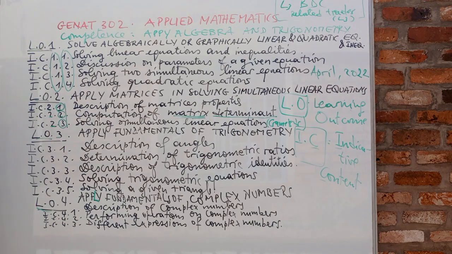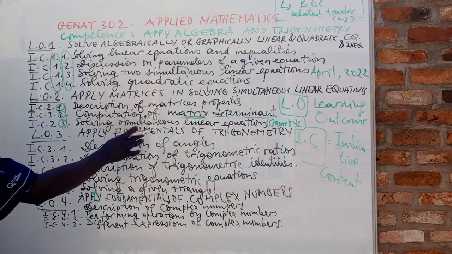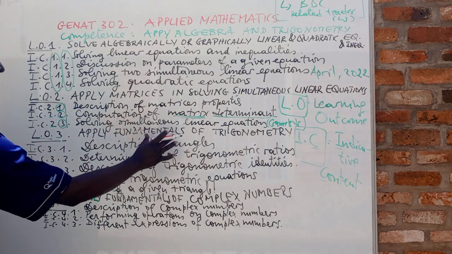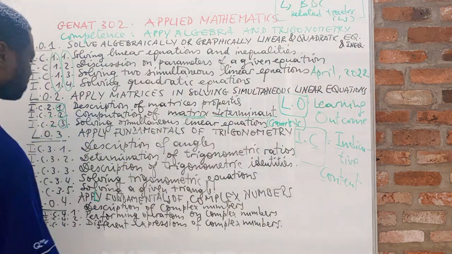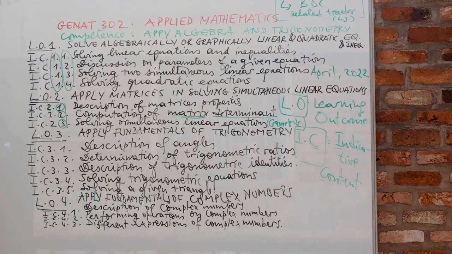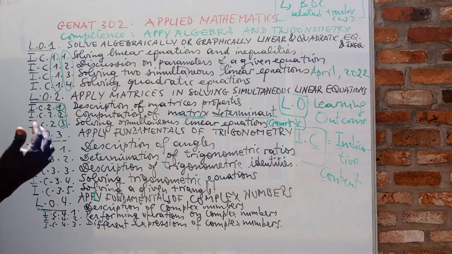Learning outcome number 3 is about applying fundamentals of trigonometry. Here we use some elements of trigonometry and apply them to solve different problems.